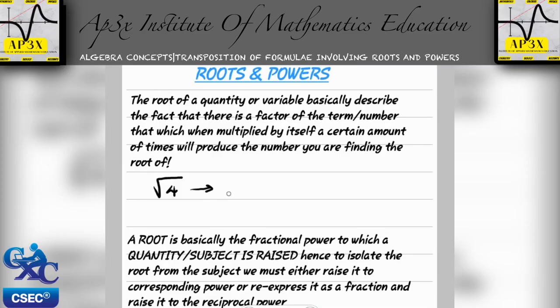And we looked at the fact that 2 multiplied by 2 is equal to 4. Or it could be, for example, the square root of 36. There is a factor of 36 which when multiplied by itself will give you 36, and that is in fact 6, because 6 times 6 is 36.